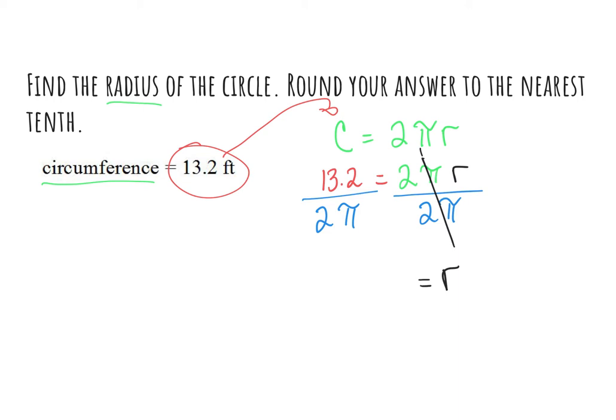So my radius is going to equal 13.2 divided by 2 pi. At this point, I would go to my calculator and plug in those numbers. So 13.2 divided by, and then in parentheses, I'm going to put 2 times pi just to make sure the order of operations goes correctly. So my radius is going to equal 2.1.